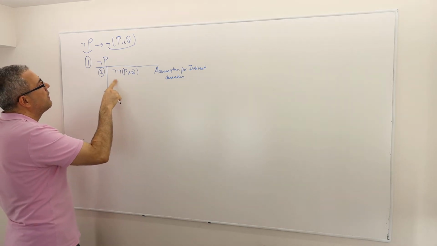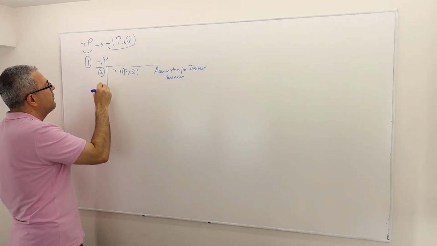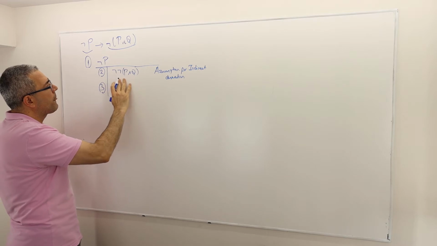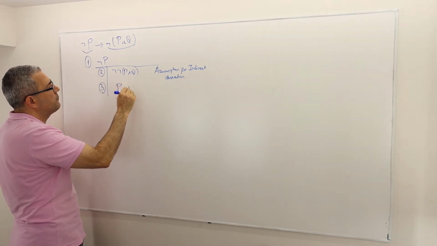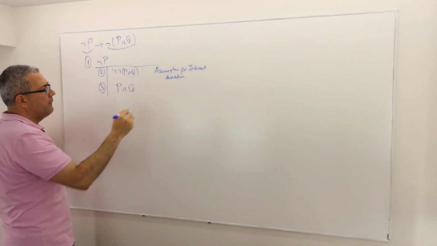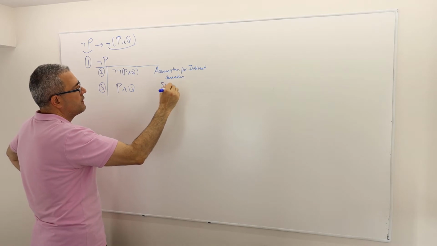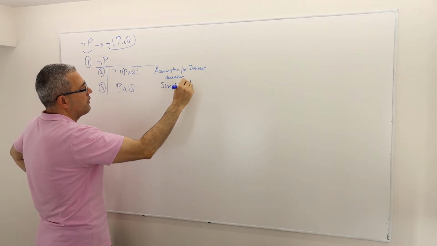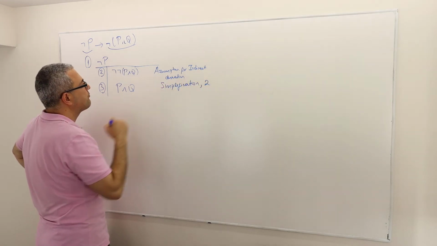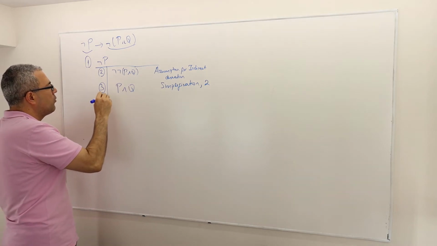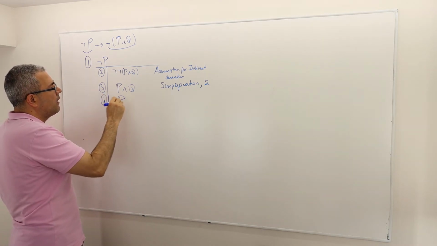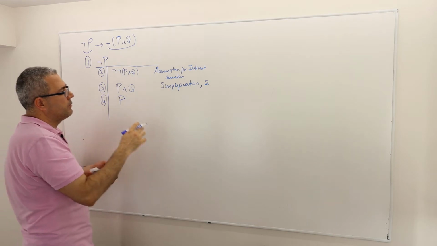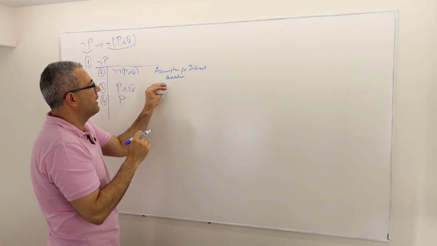So I assume not P and Q. In the third line, I'm going to simplify this, so it's P and Q. Well, what is in line 4? I'm sorry, this is not simplification, this is a double negation.